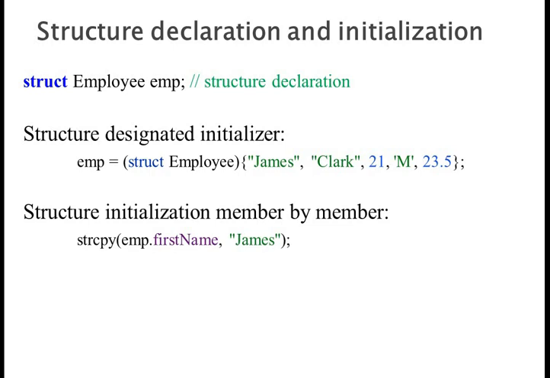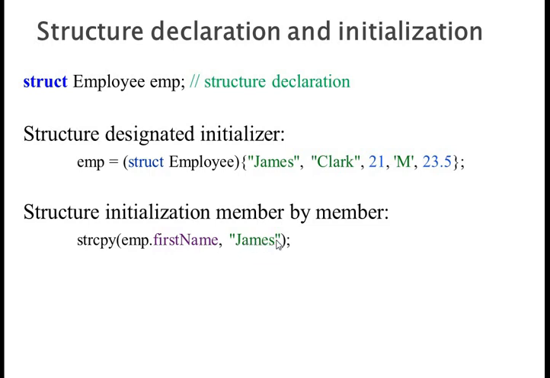So strcpy(EMP.first_name, "James"). Okay, over here you can see strcpy, that means you are accessing a particular string.h library function. So you can see this is your source string and this is your target.